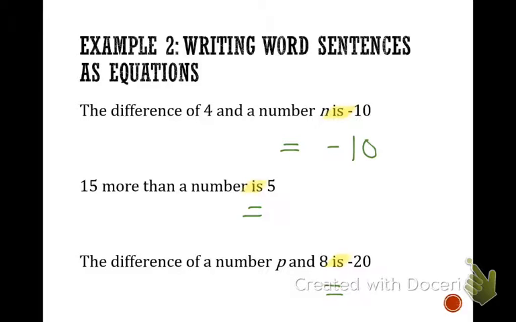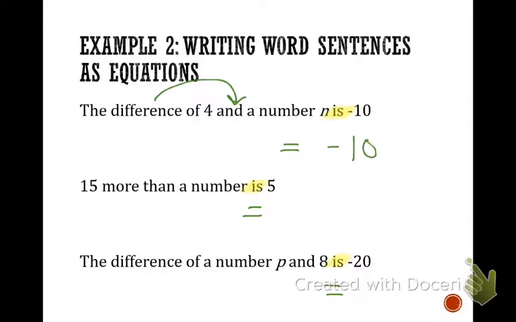Okay? Now, the front part is always going to be my challenge. The difference of 4 and a number, n, is negative 10. So when I see difference, what key word is that in operation, or is that? Subtraction. Okay? Now, but does that mean that I put the subtraction sign exactly where I see it and make it negative 4? No, it says the difference of 4 and a number.